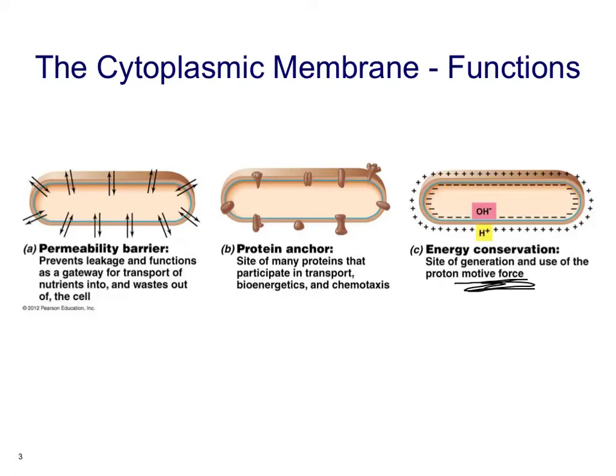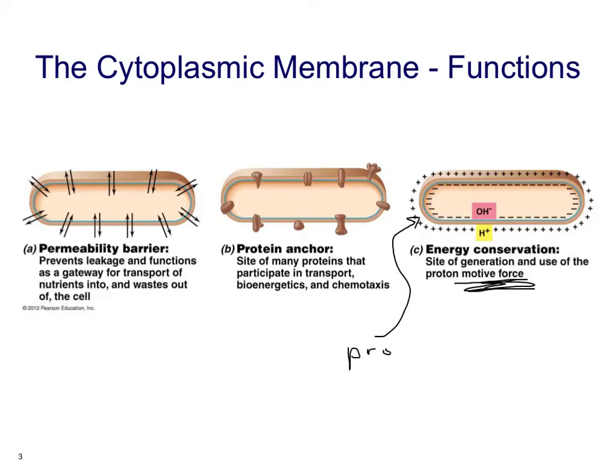I'm not going to review all of that here, but I want to point out that in eukaryotic cells, that electron transport chain is found in the mitochondria, which are organelles within the cell. However, in a bacterial or an archaeal cell, you have a proton motive force established at the cytoplasmic membrane.